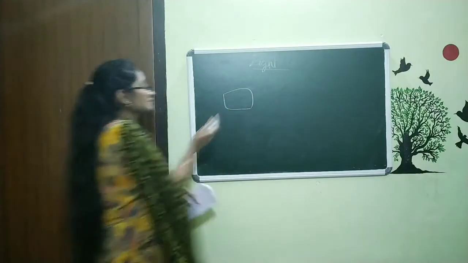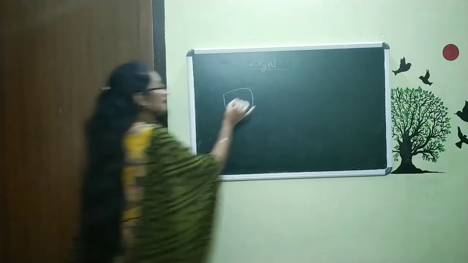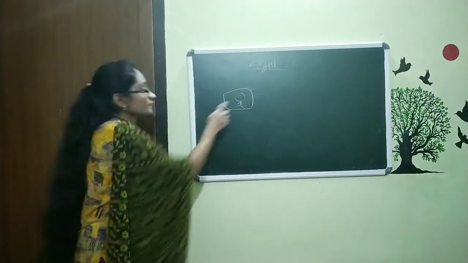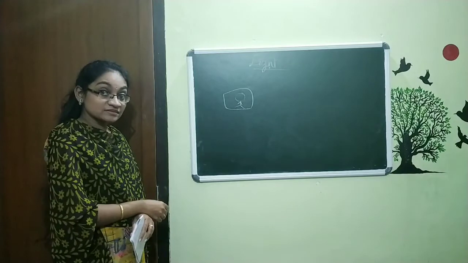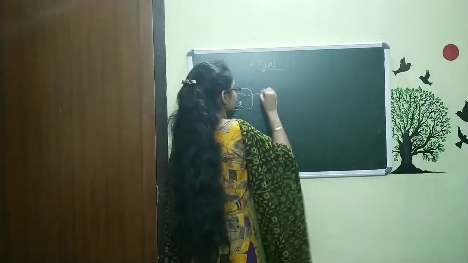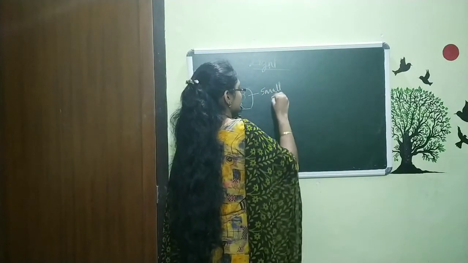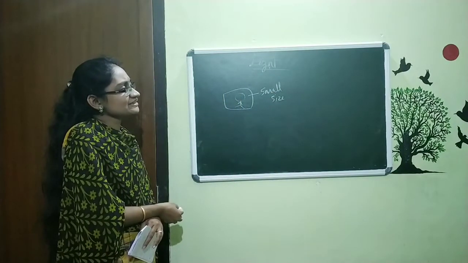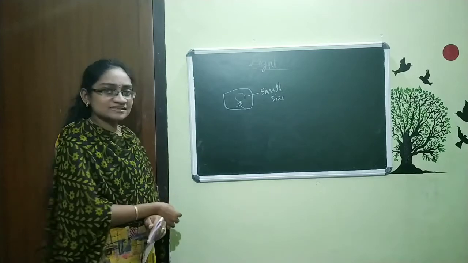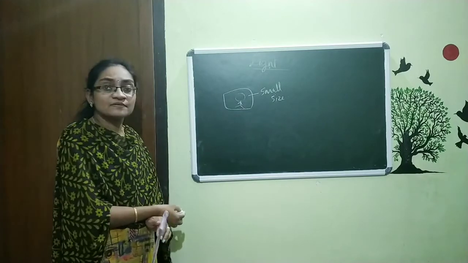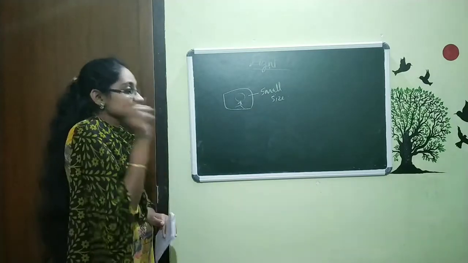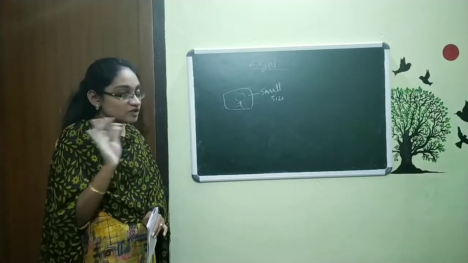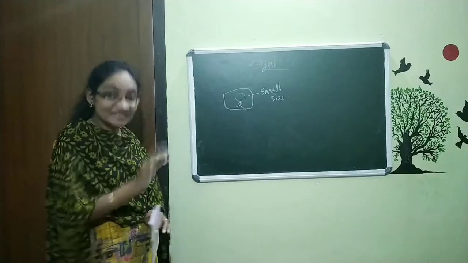Or suppose I am just standing here, I can see my face inside our mirror in small size. And now the question is this, is this mirror the same concave mirror? No. The mirror we are using in the vehicles is not a concave mirror, that is a convex mirror.